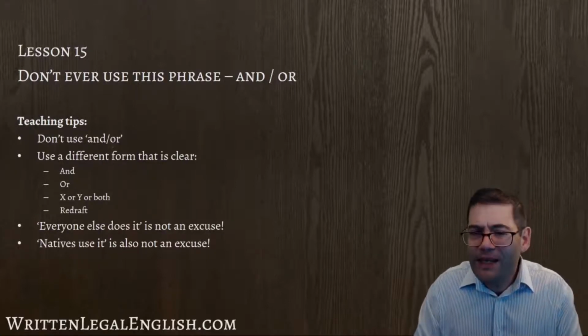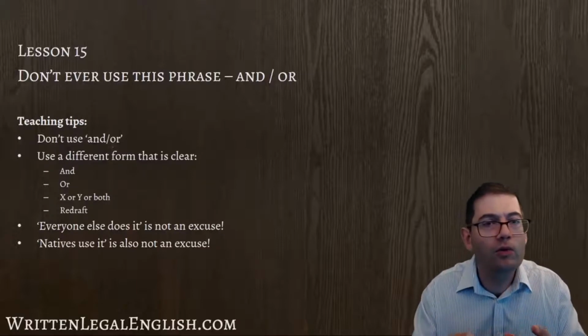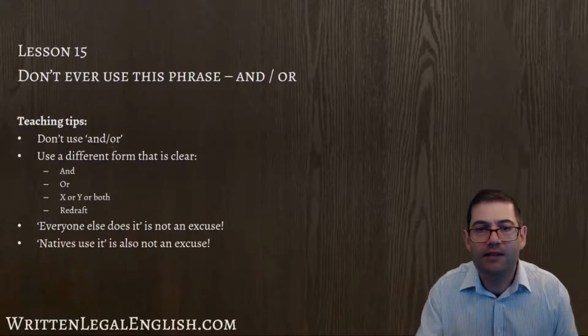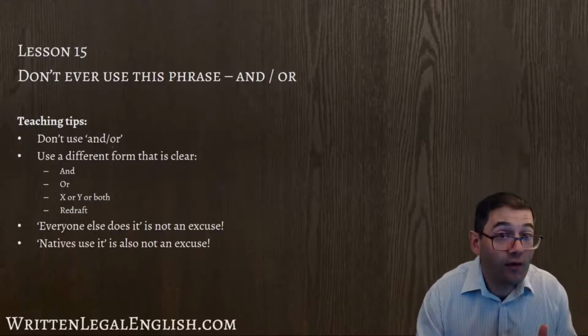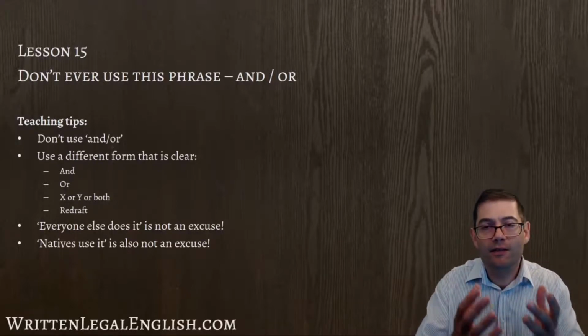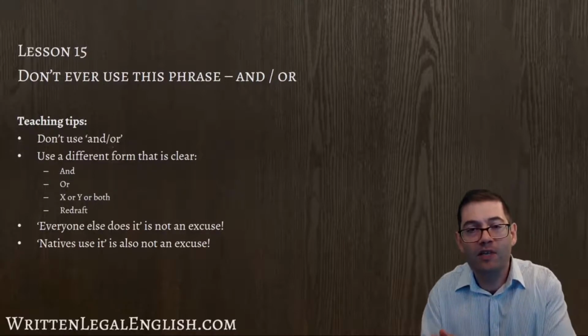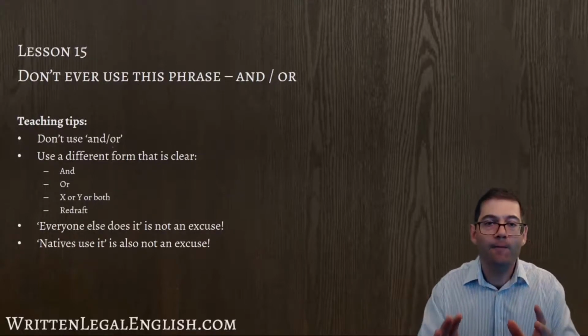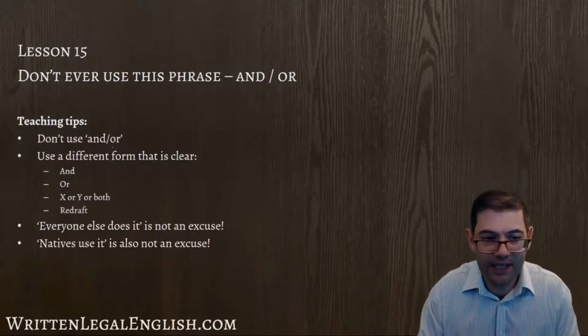Or is it better, if you can't work out what you're trying to say, just to redraft the whole sentence and say it in a different way where there is no possibility for ambiguity and the redrafted sentence is completely clear. So you've got some options here.